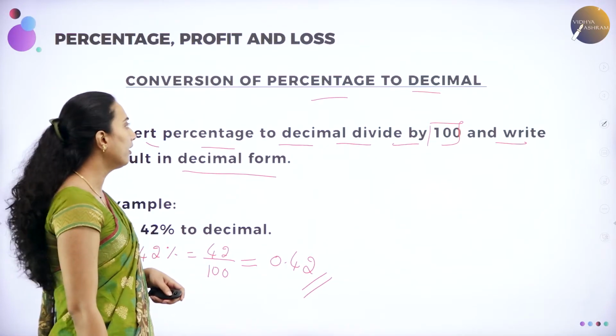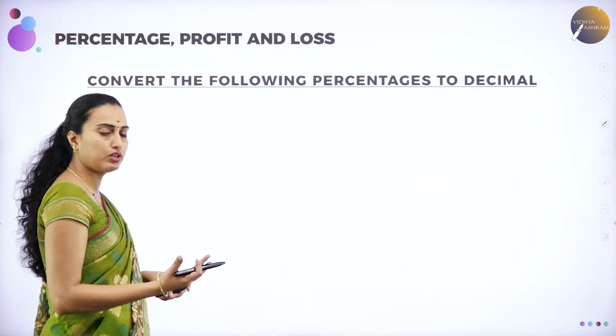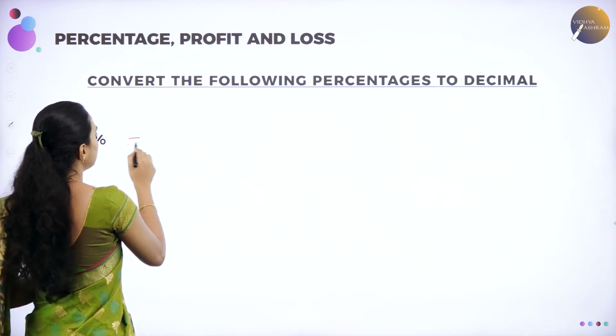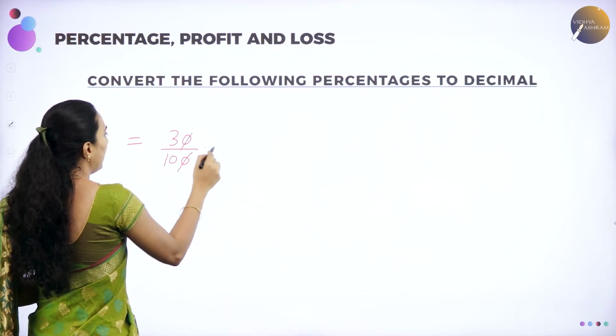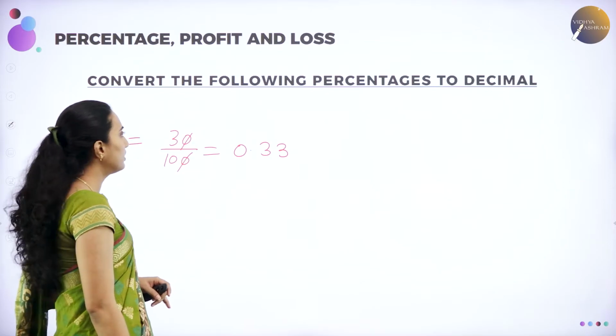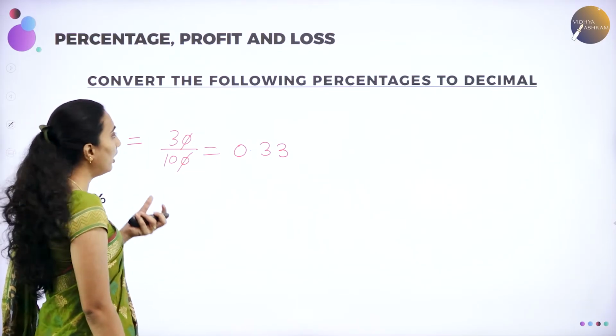Understood? Okay, we'll move on to some more problems. Conversion of percentage to a decimal. Now 30% can be written as 30 divided by 100. Now 3 by 10 can be written as 0.3. We are converting that percentage to a decimal. Let us convert next 12% into a decimal.